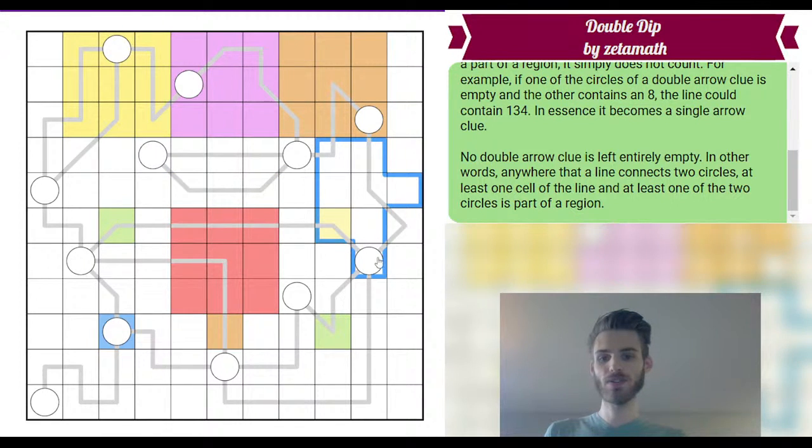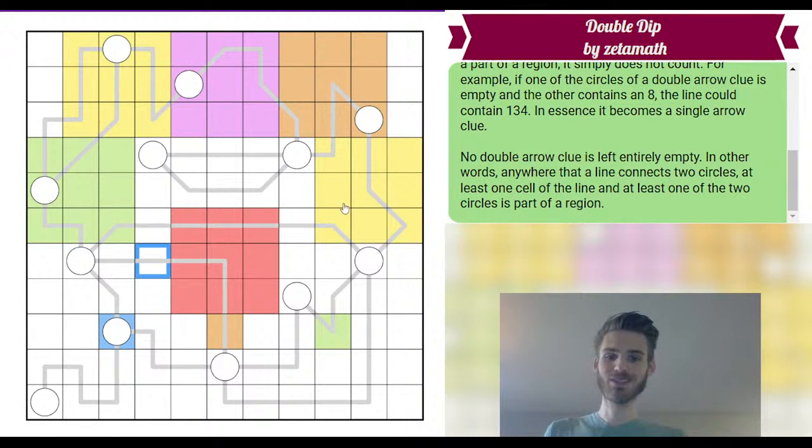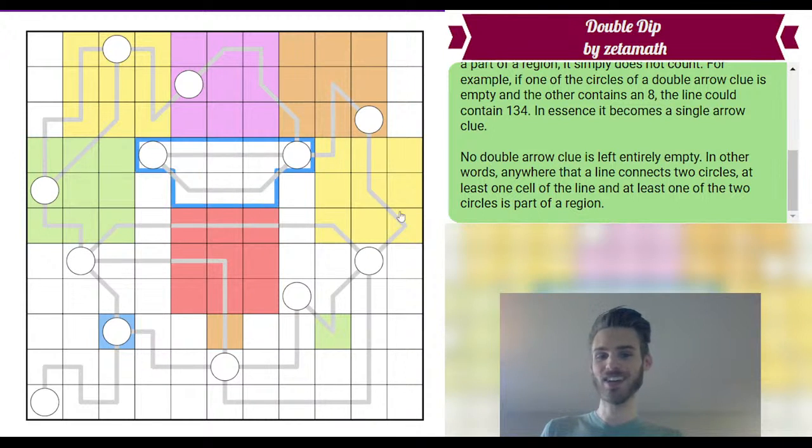If I were to go to Zeta and say, hey, I've finished the regions, they look like this, Zetamath would say, can you please read the rules again? Because this is not on any region, so all these cells would be vacant. There would be no digits at all on here. So that's breaking this last rule here.